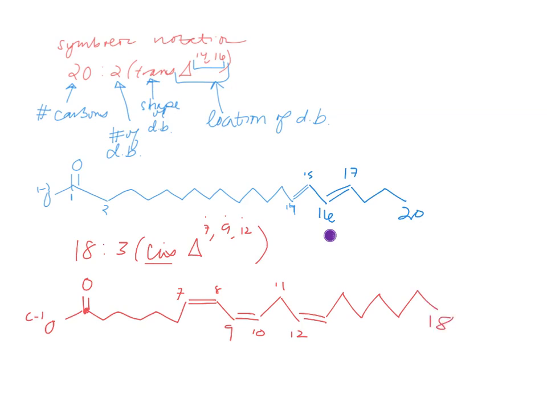Okay, my recommendation is that you add the numbers to every single carbon just to make sure, like just triple check that you actually have the right number of carbons and you didn't forget.